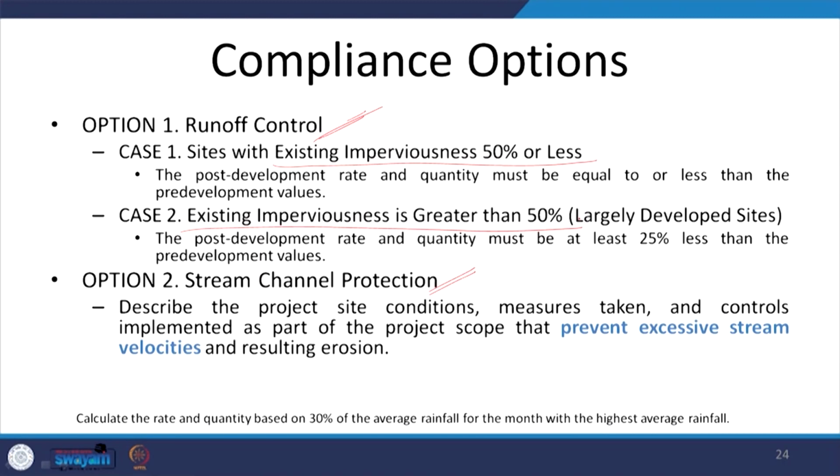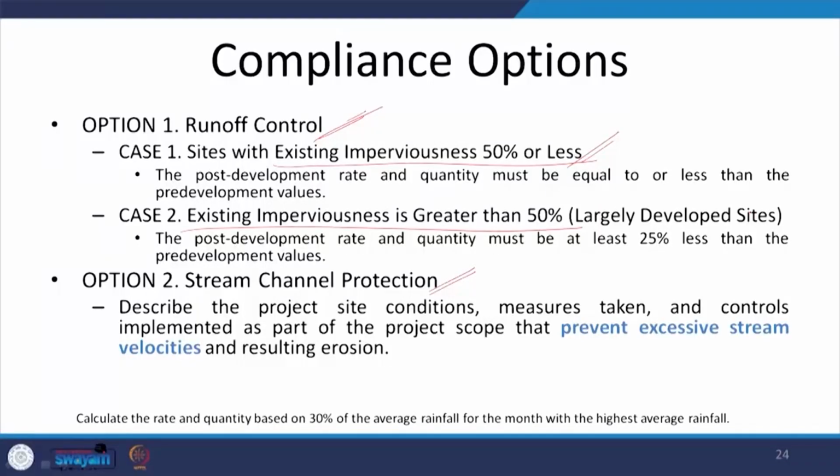In case 1, we would be able to retain the existing pre-development conditions, and post development there is a greater possibility of doing so, while in case of a site which is already developed, it is very difficult. That is why these two cases come up.